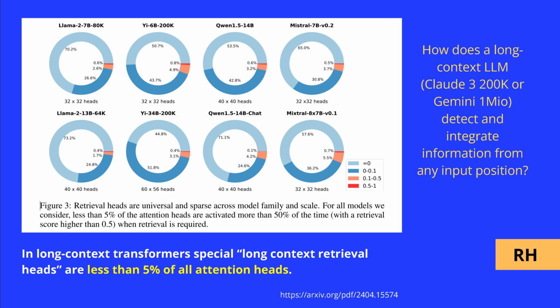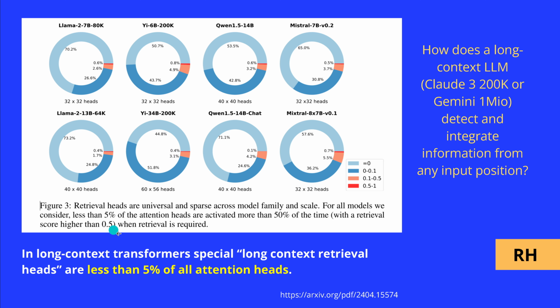They looked at Llama 2, at Qwen, at Yi, and at the Mistral system, at a dense model and a mixture of experts model. And what they found, look at the red, it is less than 1%. And from 0.1 to 0.5, if you take this orange also, it's about 5%.